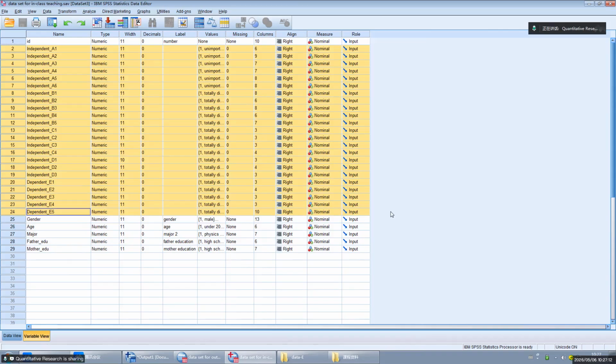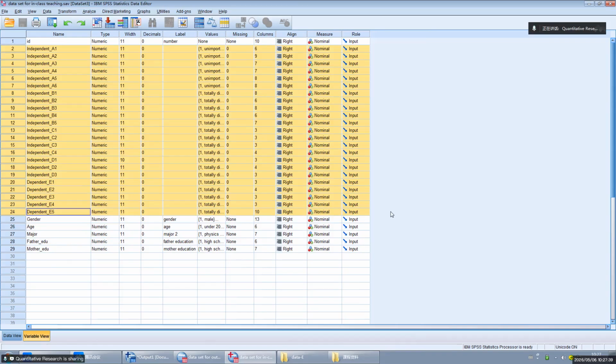We use the independent t-test because we want to examine the differences between two groups. For example, gender difference.